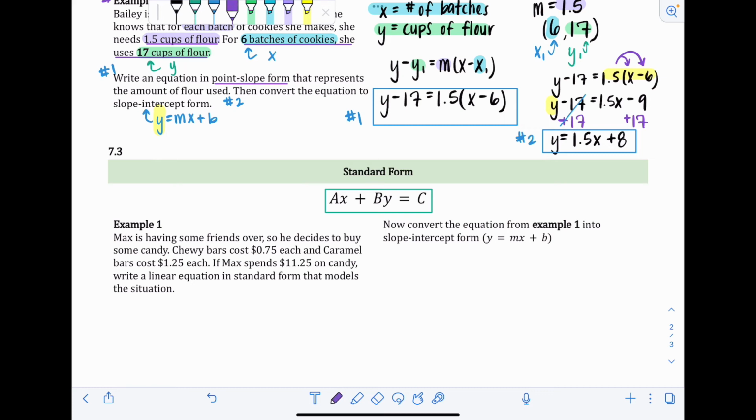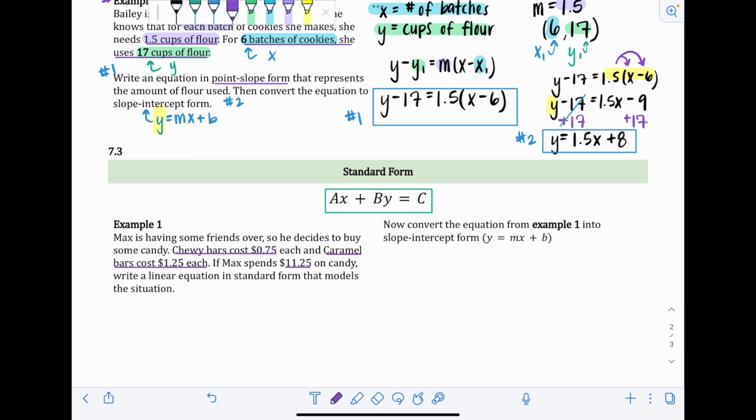So example 1, Max is having some friends over, so he decides to buy some candy. Chewy bars cost 75 cents each. Caramel bars cost $1.25 each, and if Max spends $11.25 on candy, write a linear equation in standard form that models the situation. So here, we don't necessarily have our independent and dependent variable.